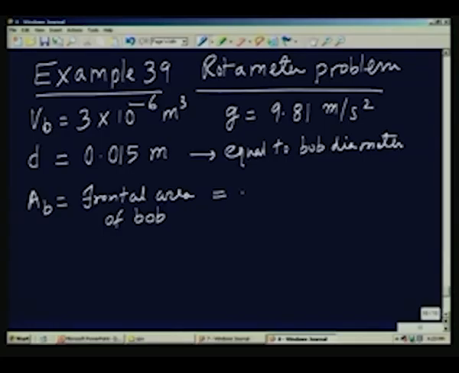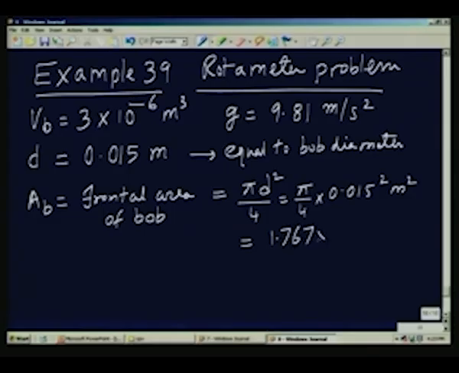This frontal area will be pi d squared by 4. So, pi by 4 into 0.015 whole squared square meters, and this comes to 1.767 into 10 to the power of minus 4 square meters. So the frontal area of the bob is fixed.